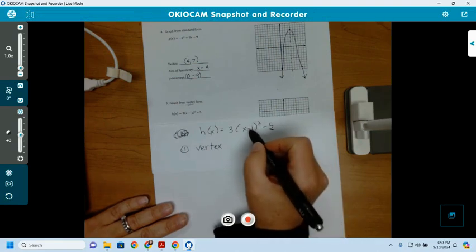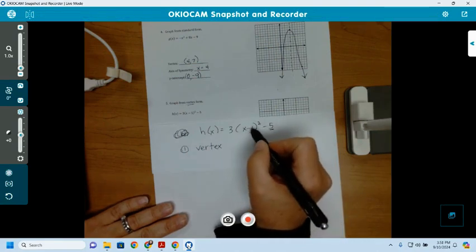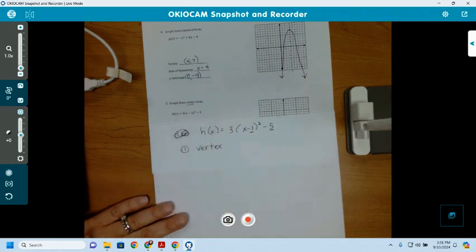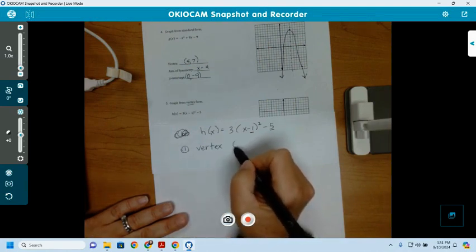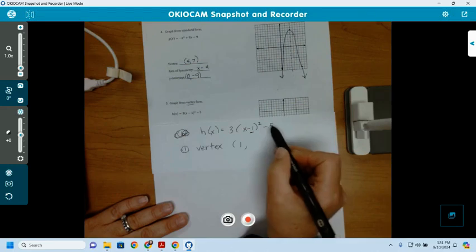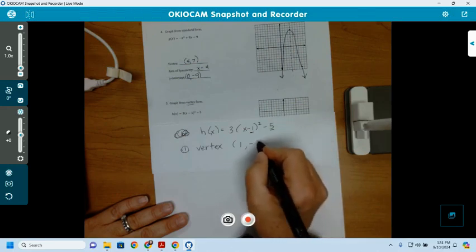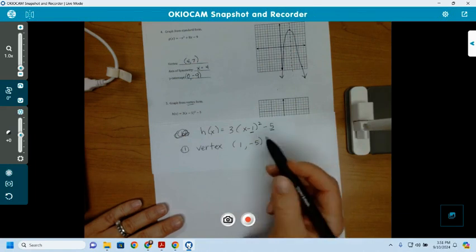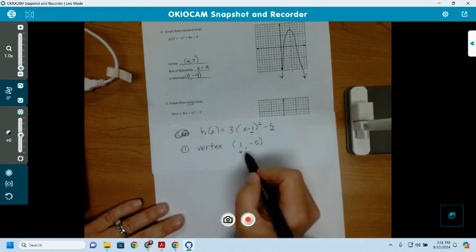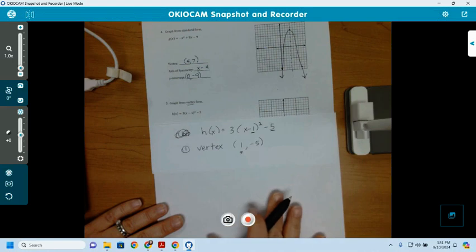Now, this is assuming it's a negative here. So we always take the opposite of what you see here. So the vertex is going to be 1, comma, but we take this, -5. Now our axis of symmetry is always going to be the x value from the vertex.